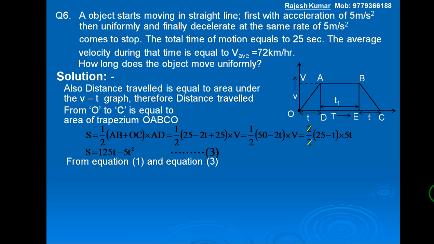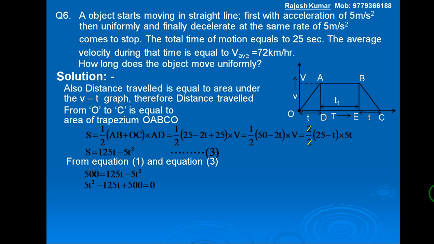From equation 1 and equation 3 we get 500 is equal to 125t minus 5t square. Taking the terms from the right hand side to the left hand side, we get 5t square minus 125t plus 500 is equal to 0.